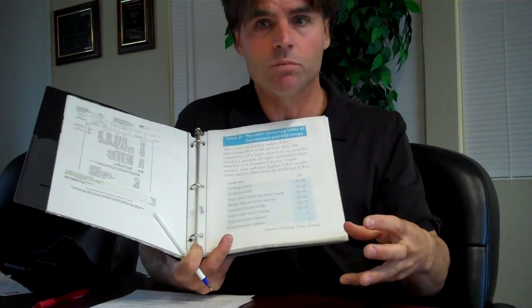So basically what we're doing is bringing people's CRI up to a higher level, using the same wattage or less wattage, and so that gives them more usable light. So if we went from a low pressure sodium that has a CRI of 5 and we put in a T8 light that had a CRI of 85, let's say, they're going to have a lot better usable light because the color rendering is going to be so much better.